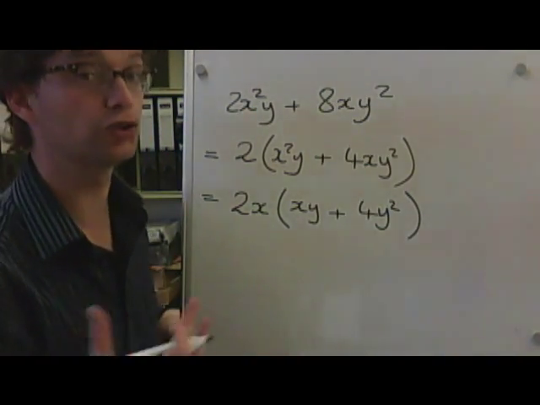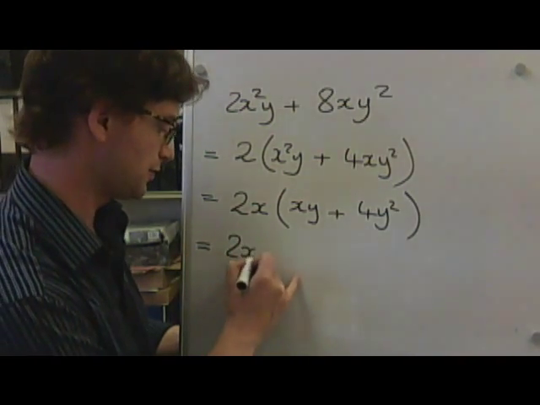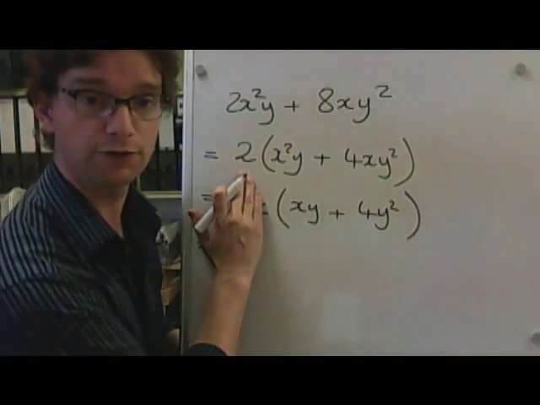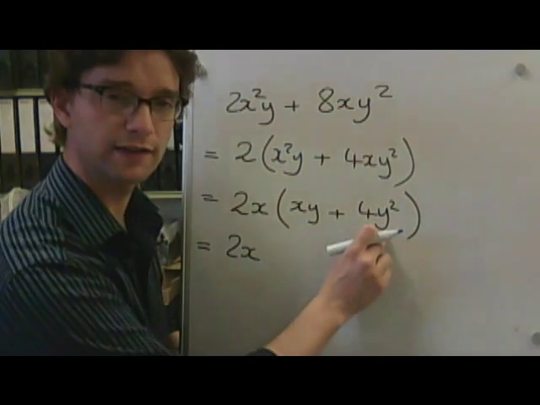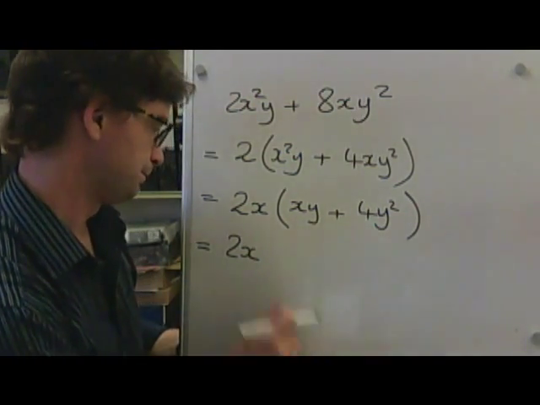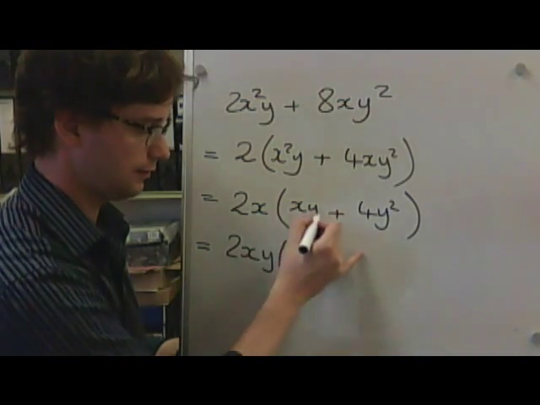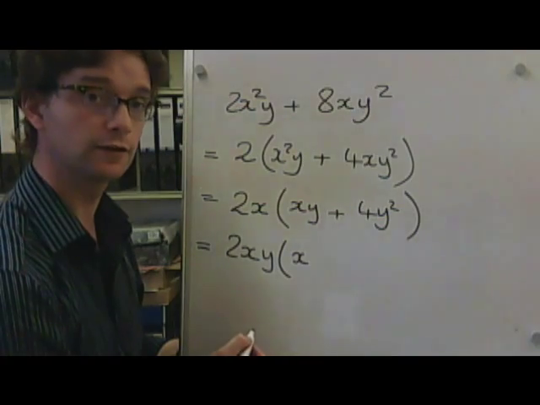Well, you could say I'm finished, but actually no, I think there's room to get something else out. So now I'm just going to leave my 2x and think just about that bracket there. I've got y's in here and y's in here. So I can pull out a y as well. And I think if I pull out a y from this, then I've just got an x left.